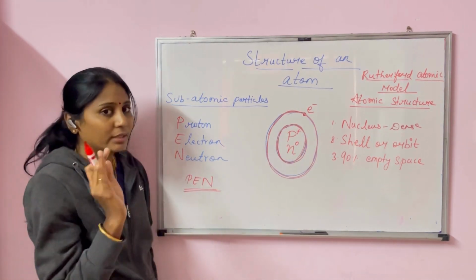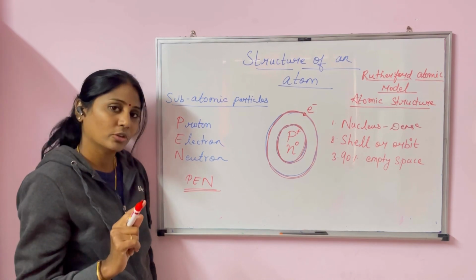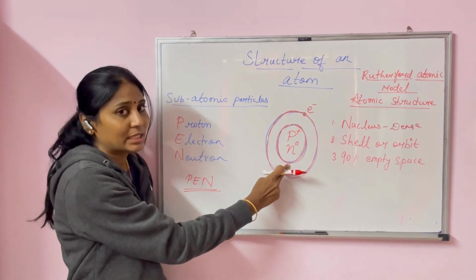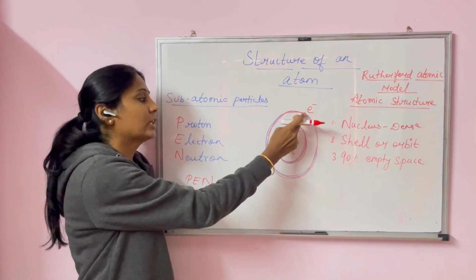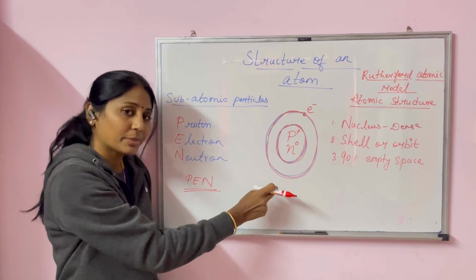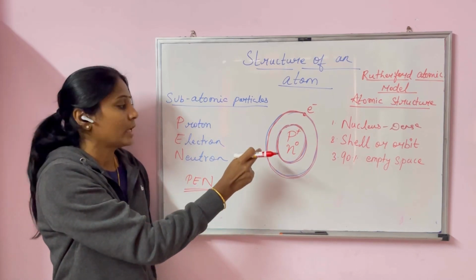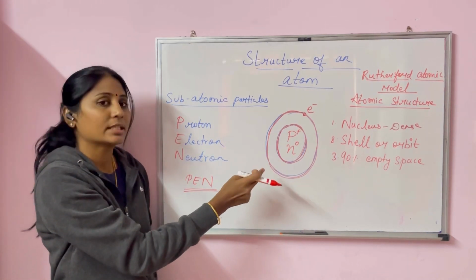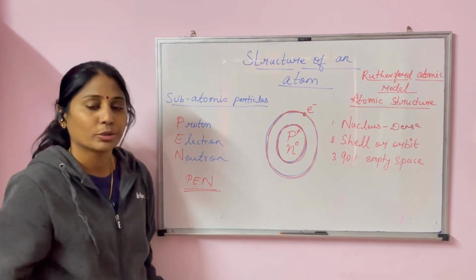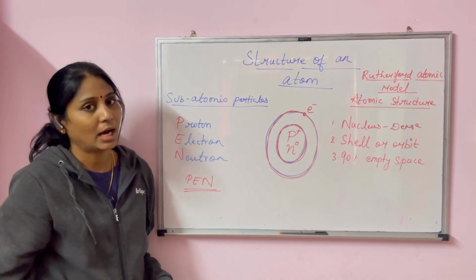So there are three subatomic particles: proton, neutron and electron. The proton and neutron are present inside the nucleus. The electron revolves around the nucleus on a circular path. It is an imaginary circular path. We call it the outermost shell or orbit.